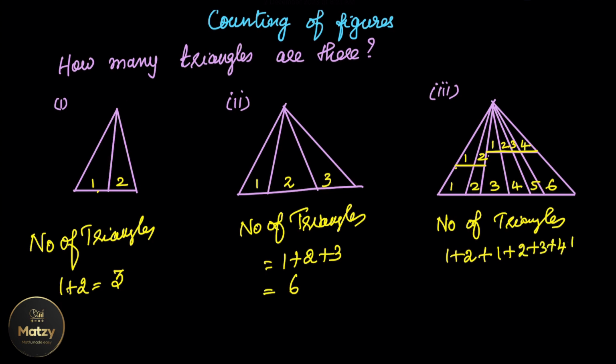For the last one, 1 plus 2 plus 3 plus 4 plus 5 plus 6. This is 1 plus 2, 3, 3 plus 3, 6, 9, 9 plus 4, 13, 14, 15, 16, 19, 20, 23, 23 plus 5, 28, 28 plus 6, 34 triangles.